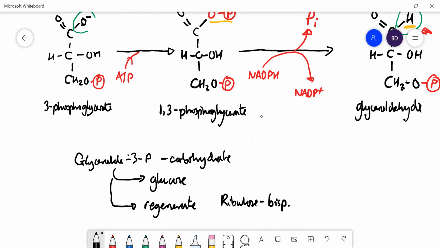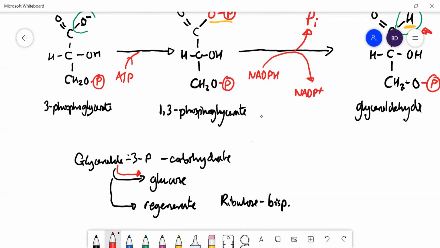All you're doing when you're converting glyceraldehyde to glucose is not oxidizing or reducing; you're keeping hold of that carbohydrate ratio of one C to two H's and one O. So all you're doing is rearranging. Those reactions are not exothermic or endothermic, they're just rearrangements.